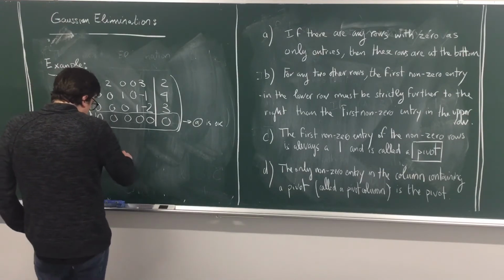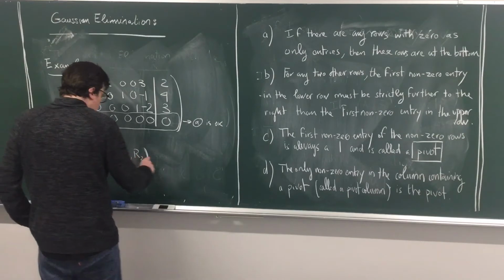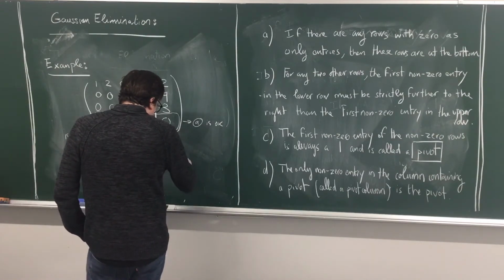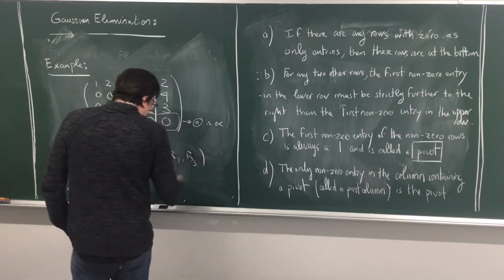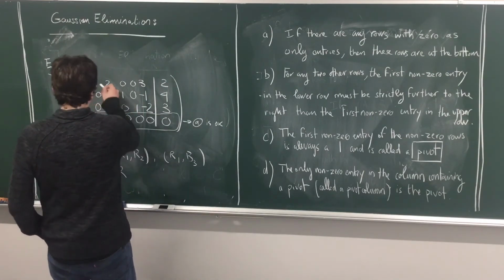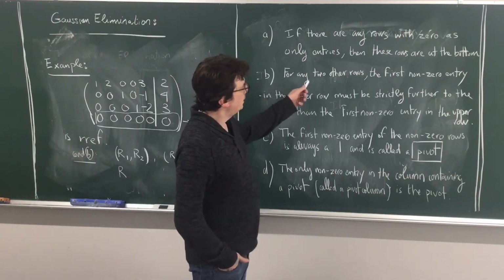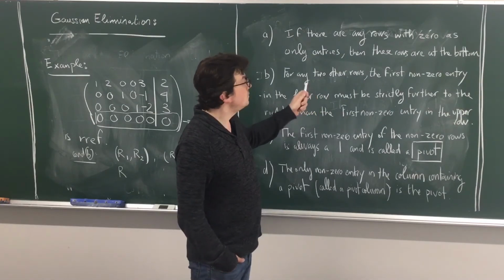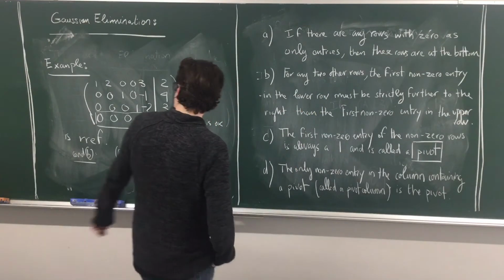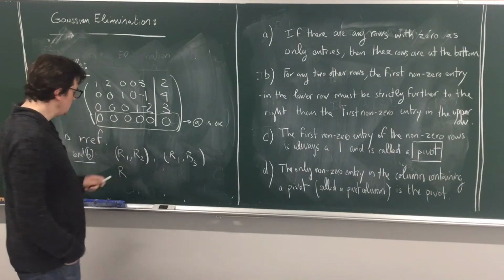I need to check it for row 1, row 2, row 1, row 3, row 1, 2, 3, 4. Yeah, so in fact, it is enough to check B for the non-zero rows. And therefore, I don't need to consider row 4 in this case.